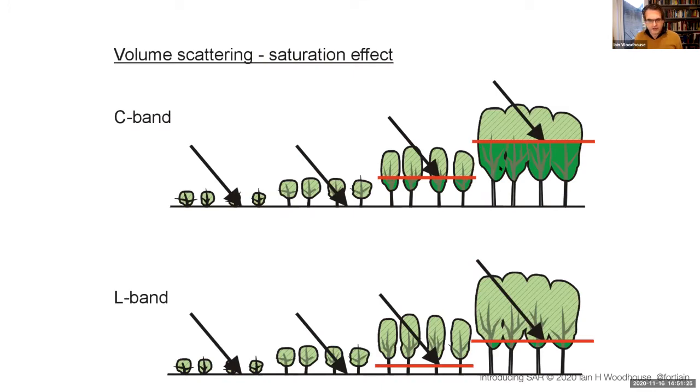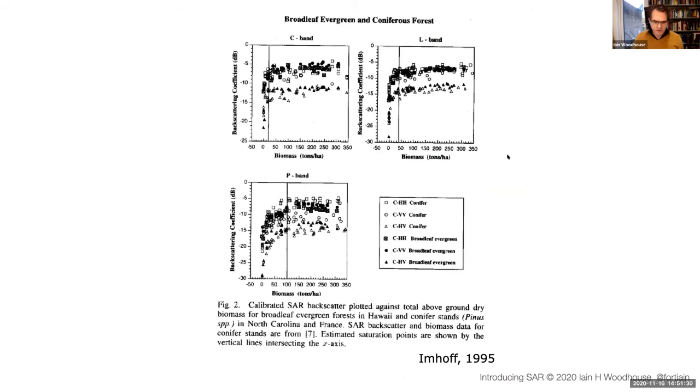If we look at forests, on the other hand, going back to this paper from Mark Imhoff, which is one of the classic early papers in 1995, showing essentially what was, at P-band certainly, an apparent correlation between the biomass, which is along the bottom axis here, so the tons per hectare, the dry biomass of the forest, versus the backscattering coefficient.